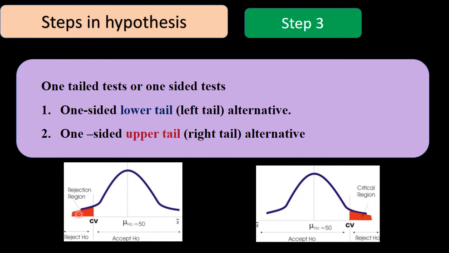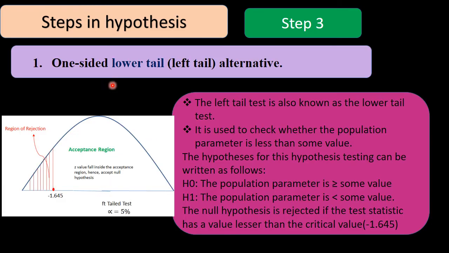That is the upper tail alternative and lower tail alternative. The meaning is the critical region or null hypothesis rejection area on the left side is called lower tail. Then the null hypothesis rejection area or critical region on the right side is called upper tail.